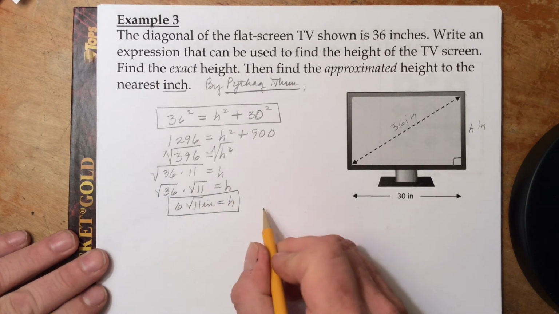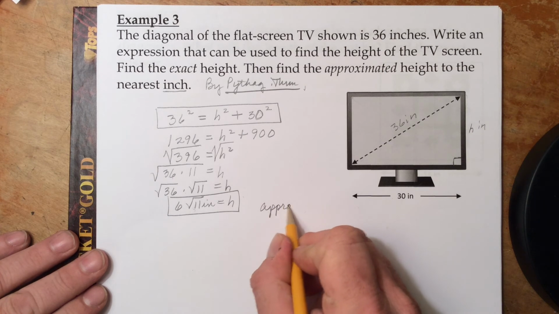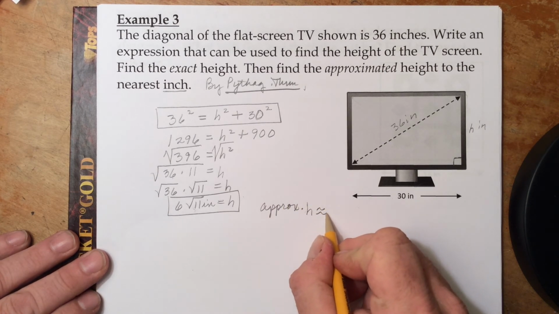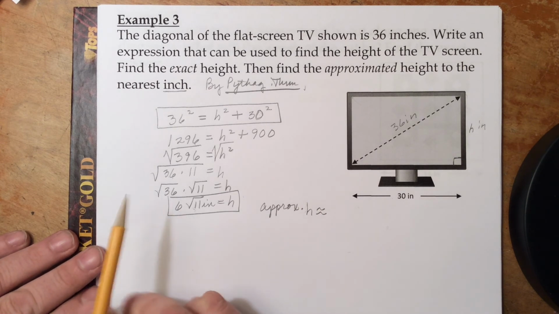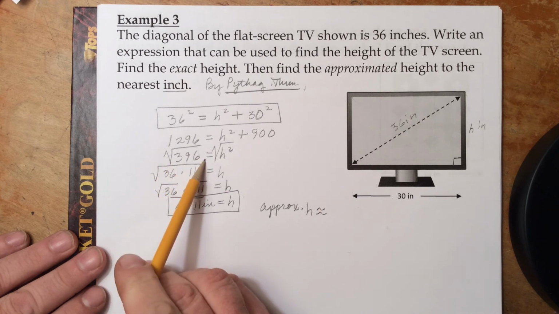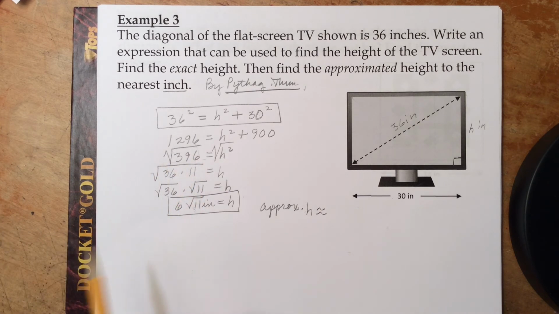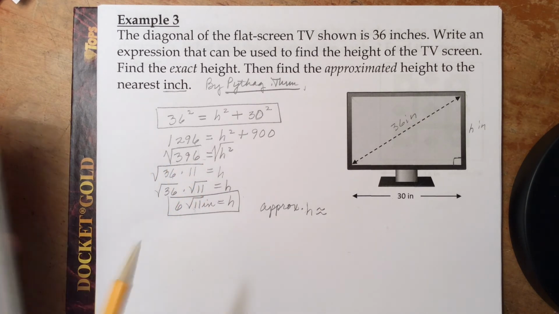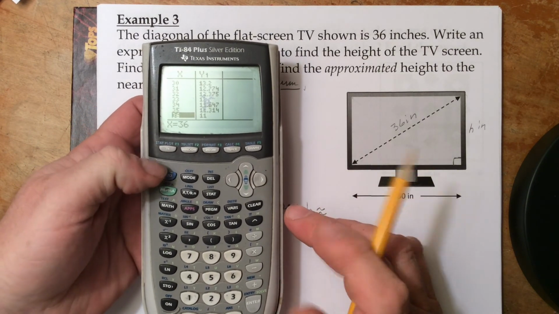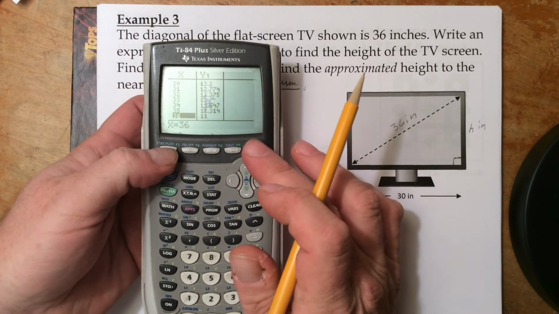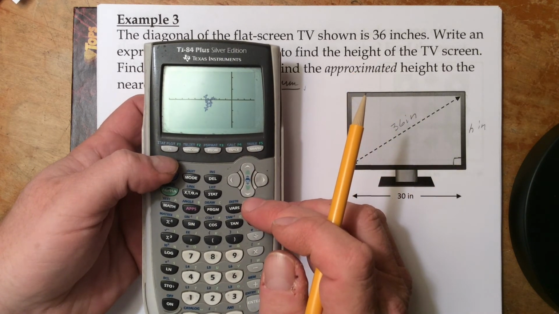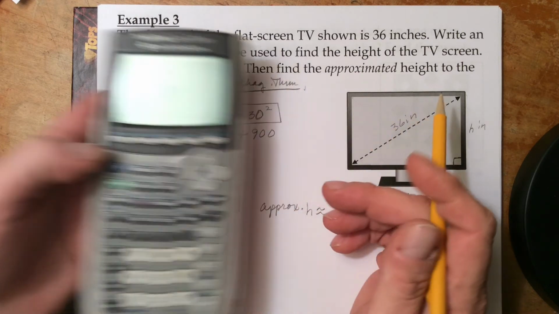Now, when we find the approximation, most students find it simpler and easier just to go back up to the original radicand that we had, 396, and just simply take the square root of that and approximate. By the way, to get out of the screen, you go up to graph, hit graph, and then clear once the graph has gone through its cycle.